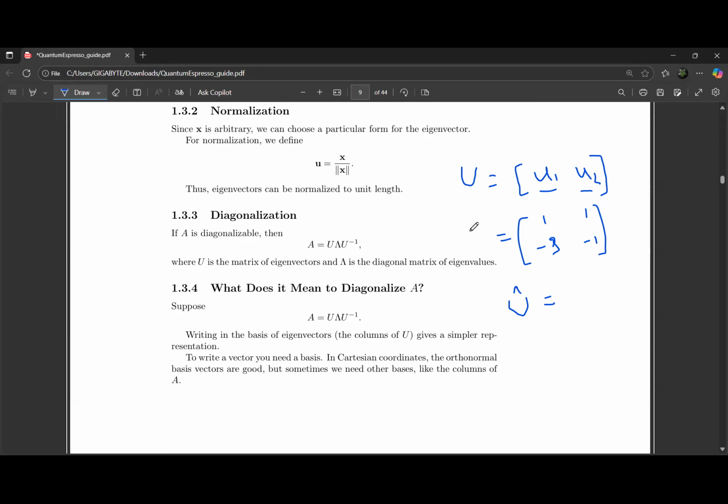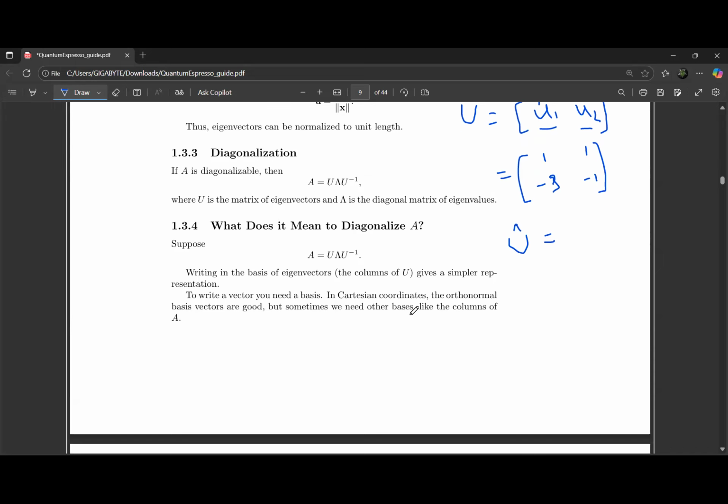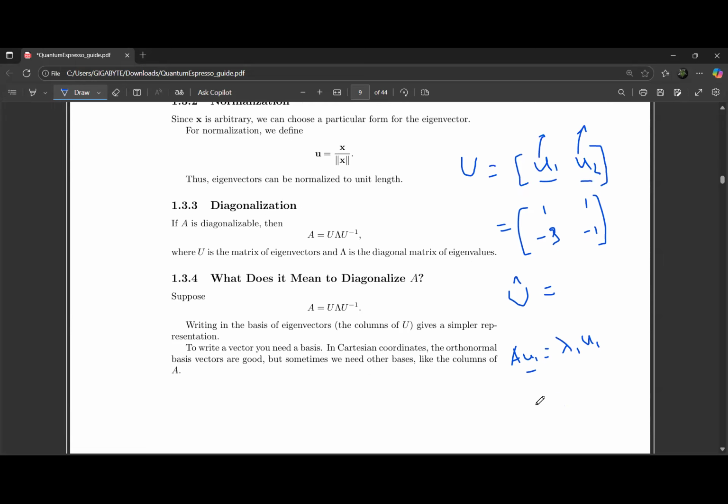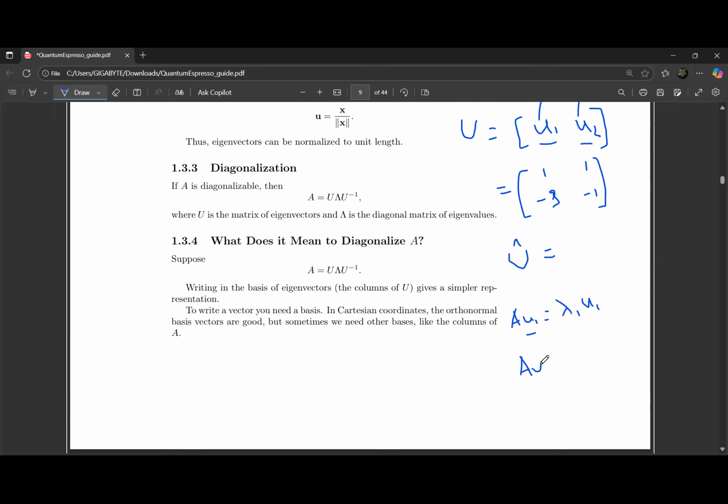The question is how? Here U1 and U2, let's say these are eigenvectors for the matrix A. So if we say A U1, then we will get something like lambda1 U1. Here lambda1 is the eigenvalue. And for U2, we will get A U2 equals lambda2 U2, where U2 is the vector, sorry.